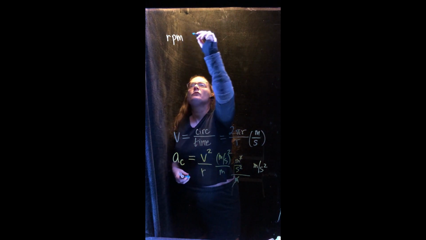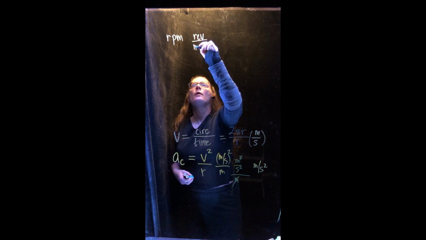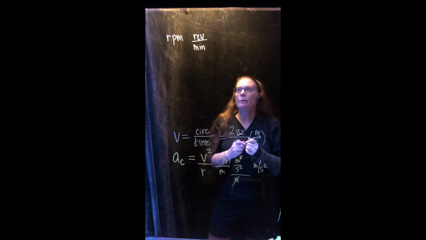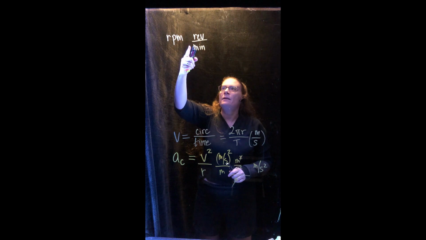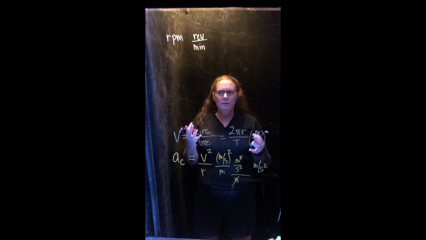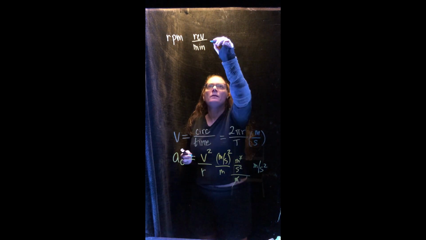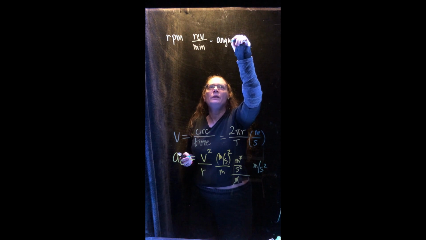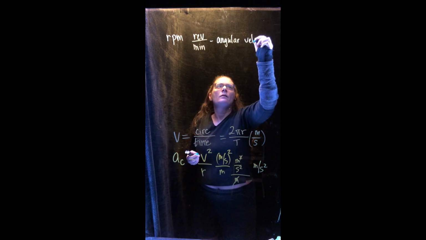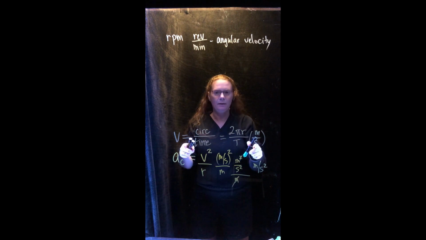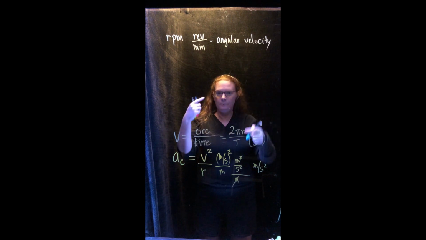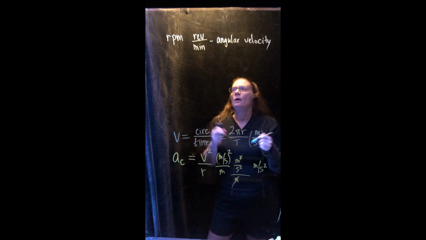RPM is revolutions per minute. How many times does it spin around per minute? Now, we can connect that. That's kind of a speed, right? Because it tells you how fast something's spinning. This is actually what we call an angular velocity. So this angular velocity is not the same as this velocity, or linear velocity, but they have a direct relationship.